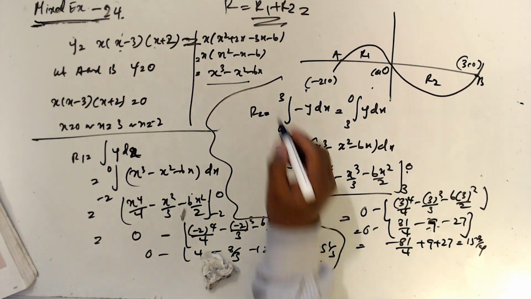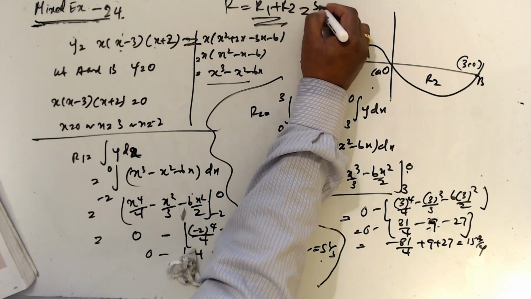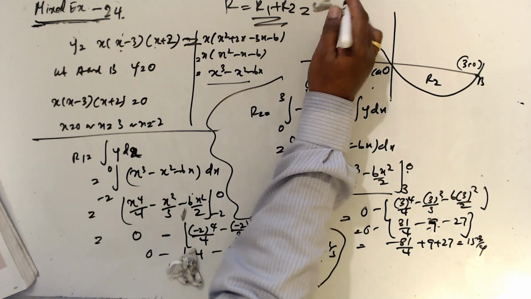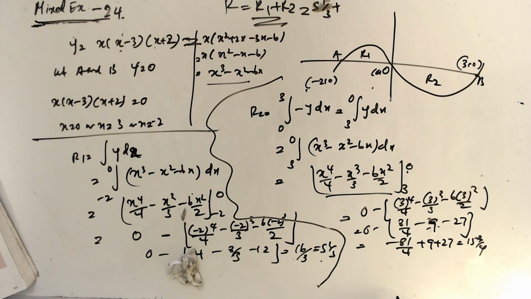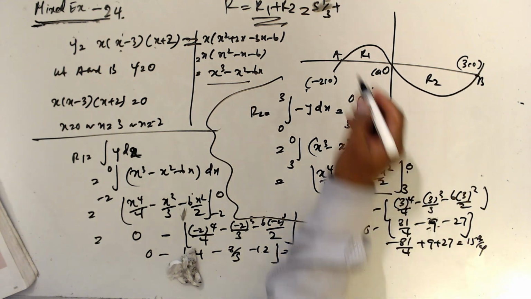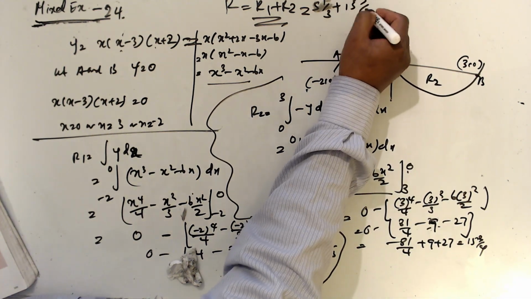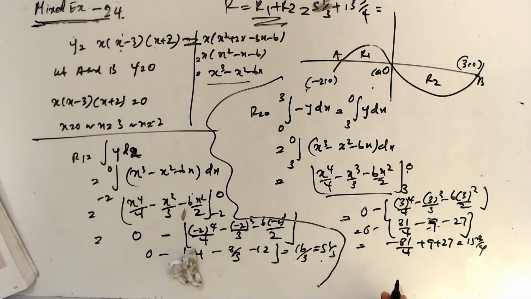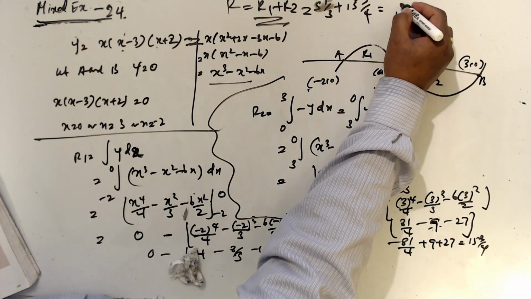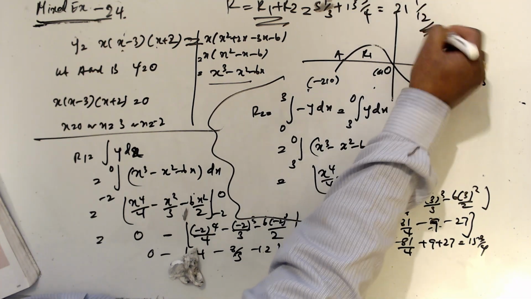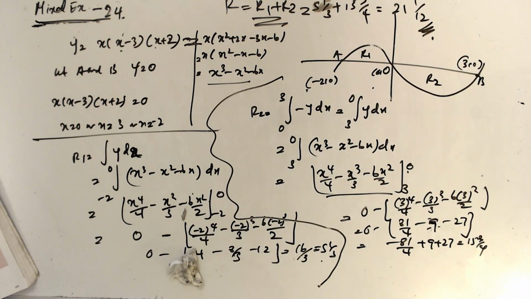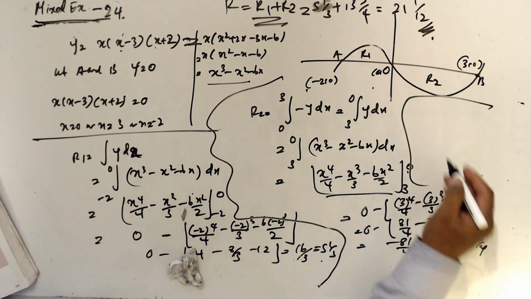So then R equals 5 1 over 3 plus 15 3 over 4. So you will get the answer 21 1 over 12. I will rework here.